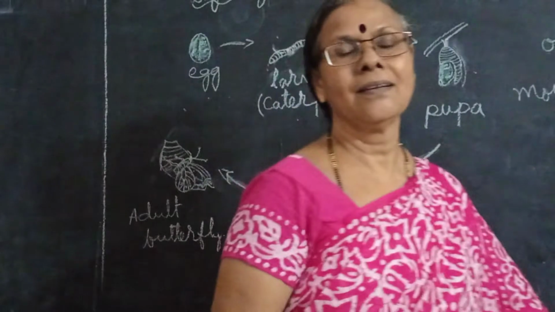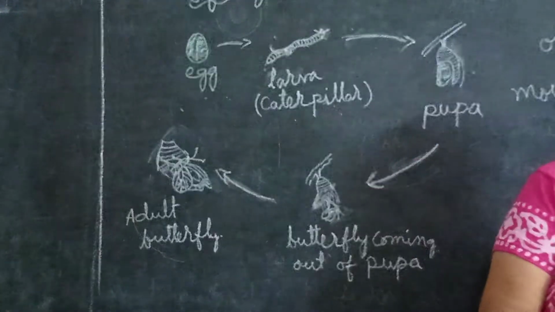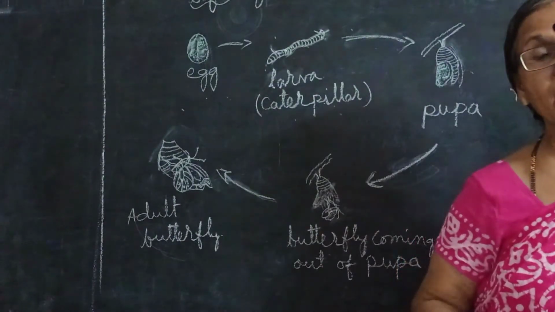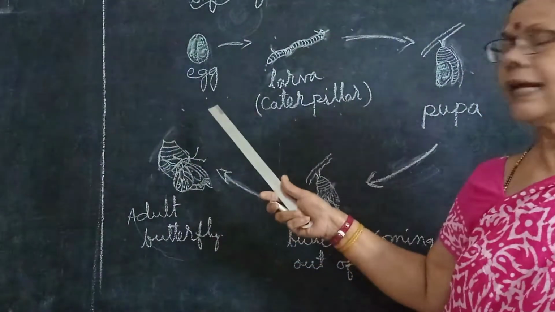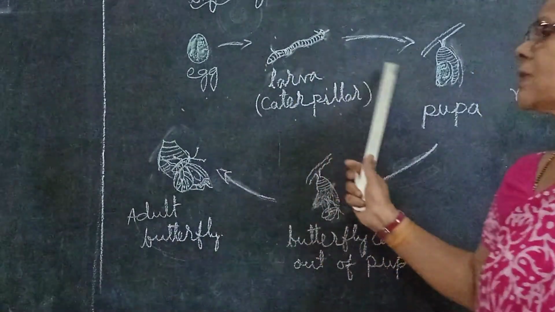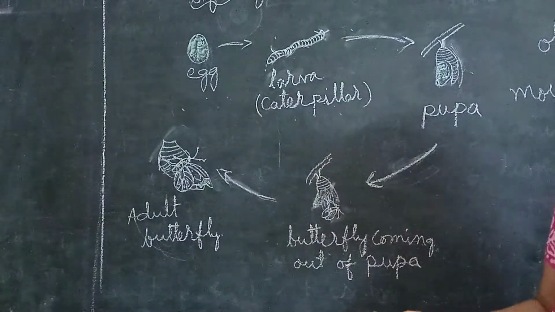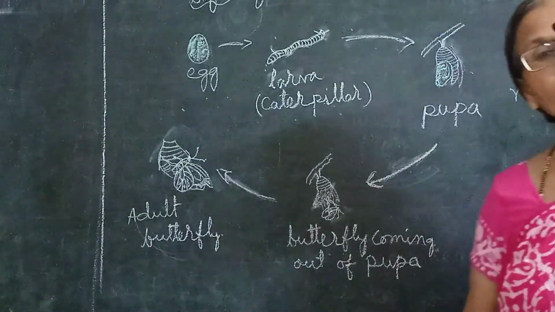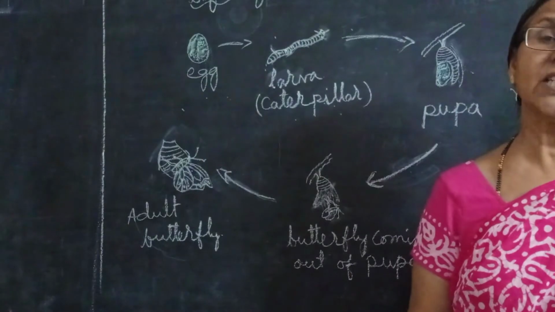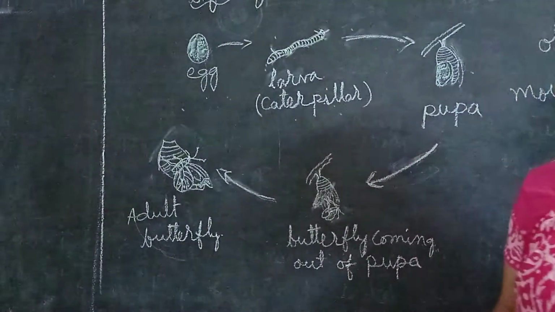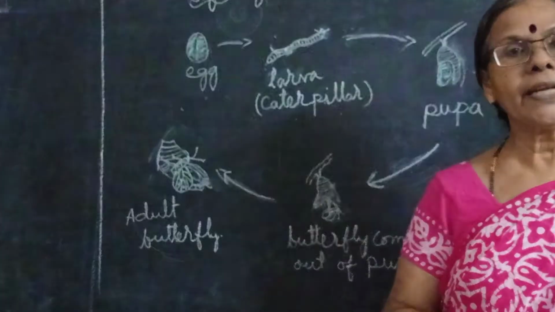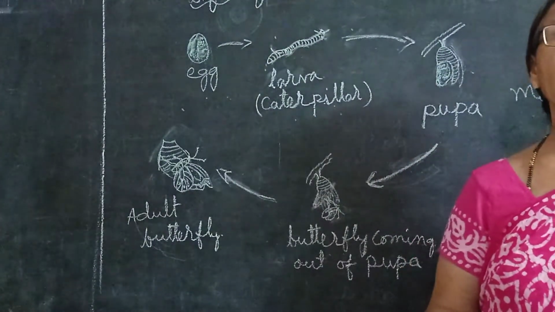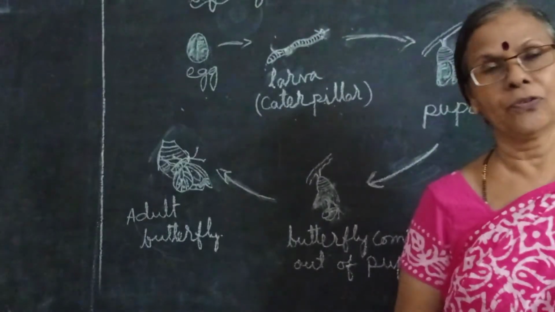How nicely this is the natural way insects grow. When the female butterfly lays eggs, it develops in this way. These are the 4 stages of butterflies. Even the moth develops in this way. Okay, study this paragraph, and yesterday also I explained the life cycle of a frog.